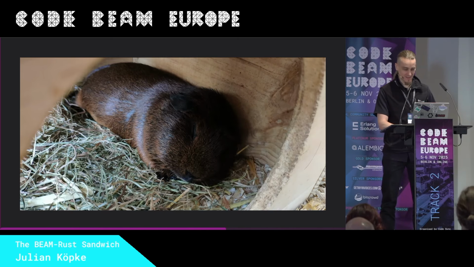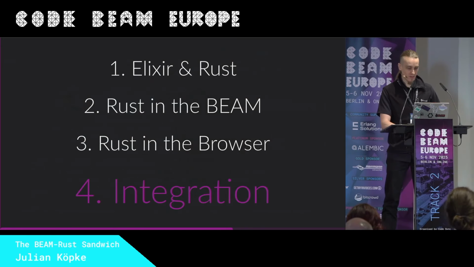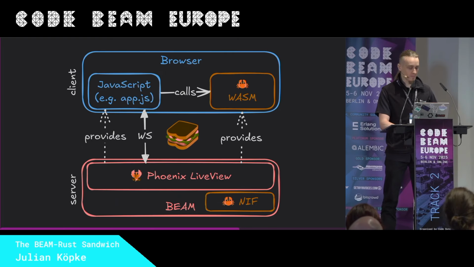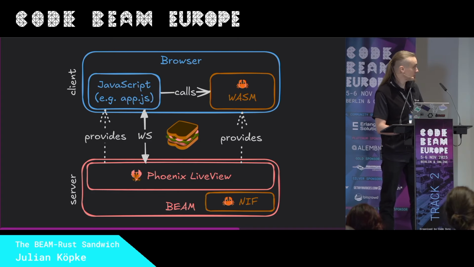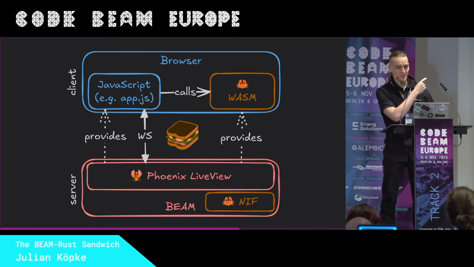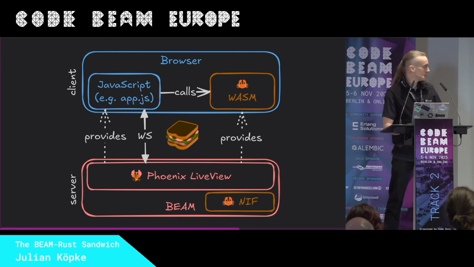Now let's get to the integration of all of this. Finally, we have the sandwich. On the bottom, we have our Phoenix LiveView as before, and on the top we layer the browser. And what we added now is the nice sandwich in the middle. The WebAssembly, the WebSocket connection on the left.